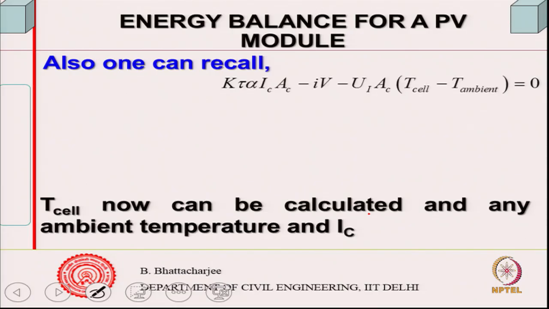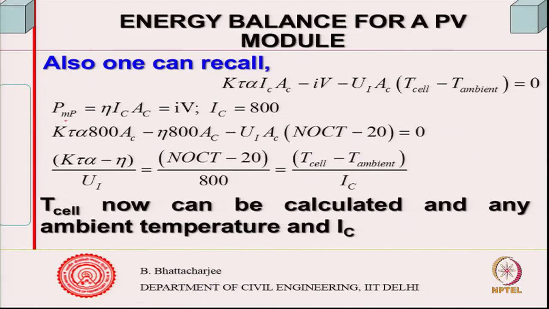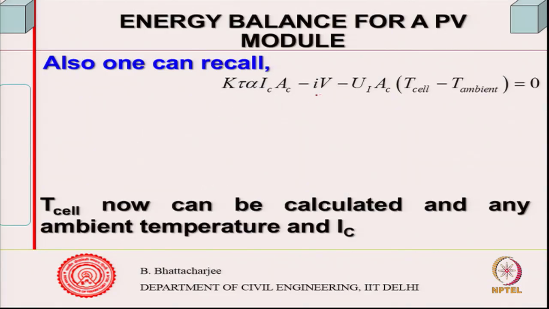So, if I put it here in this one, since I_B is nothing but power, this can be written as the power generated. So, if I know the efficiency is eta at 800, under standard condition, 800 watts per meter square is the radiation intensity, multiplied by A_C.